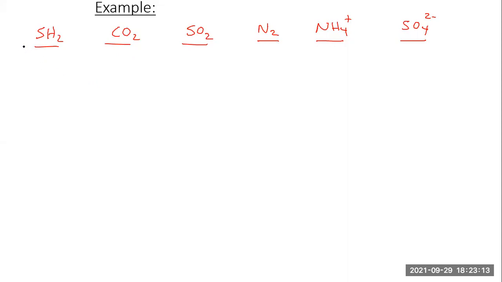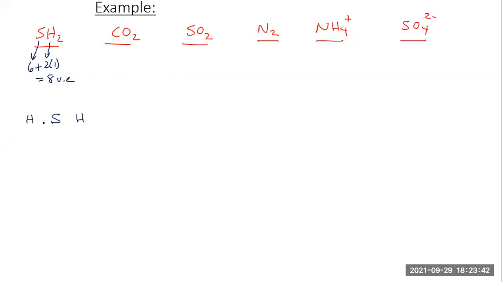So we'll start with the first one. Again, we're just going to count up our valence electrons. Sulfur is group 6, and there are 2 hydrogens, so that's 2 times 1. That tells us 8 valence electrons. As we've talked about previously, we never put hydrogen in the middle, so we will go with sulfur in the middle and hydrogen on the outsides.